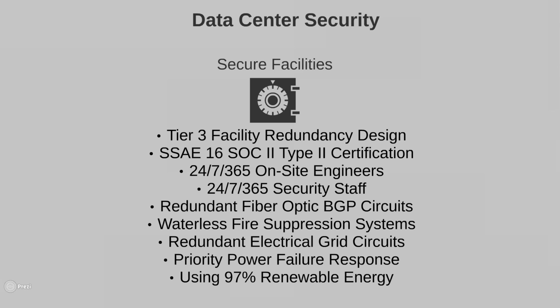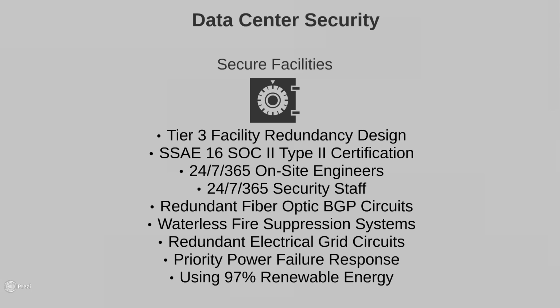Then come the services that are actually on it. 24/7, 365 on-site engineers, and there's security staff. Nobody gets in or out without being checked, without an ID check, without their pass. There are redundant fiber optic BGP circuits. Everything is redundant: the fire suppression systems, the redundancy in the electrical grid, 2 lines coming from 2 different plants with a generator on site.